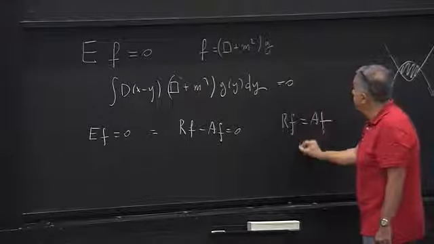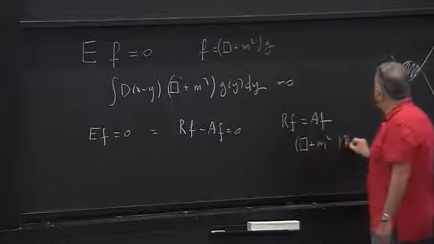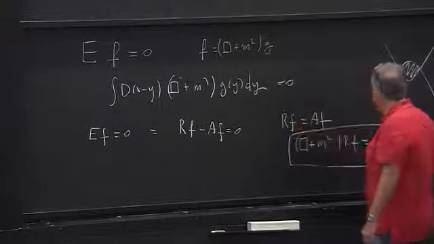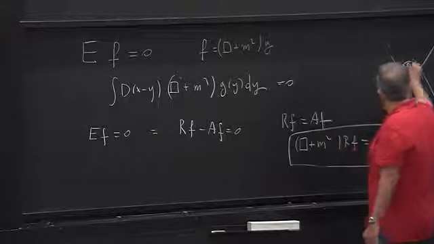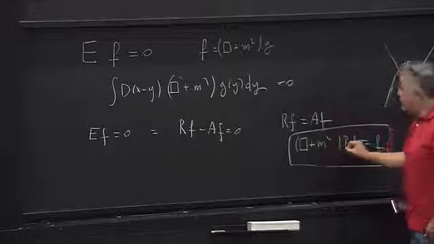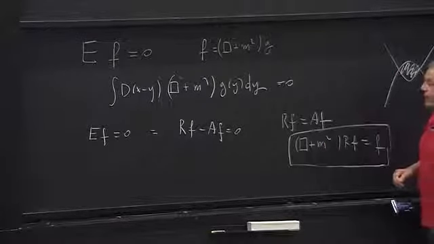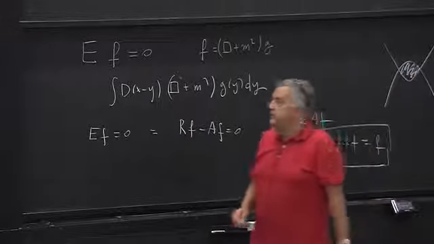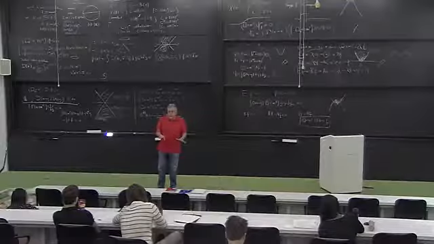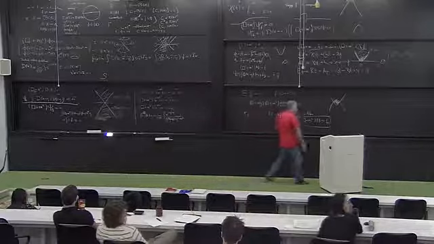And this means also that the Klein-Gordon operator applied to RF equals F, so we have exhibited a function which has compact support such that F is the Klein-Gordon operator applied to it. This is the second part of the statement. And the third part of the statement is our starting point towards quantum field theory on curved spacetime.